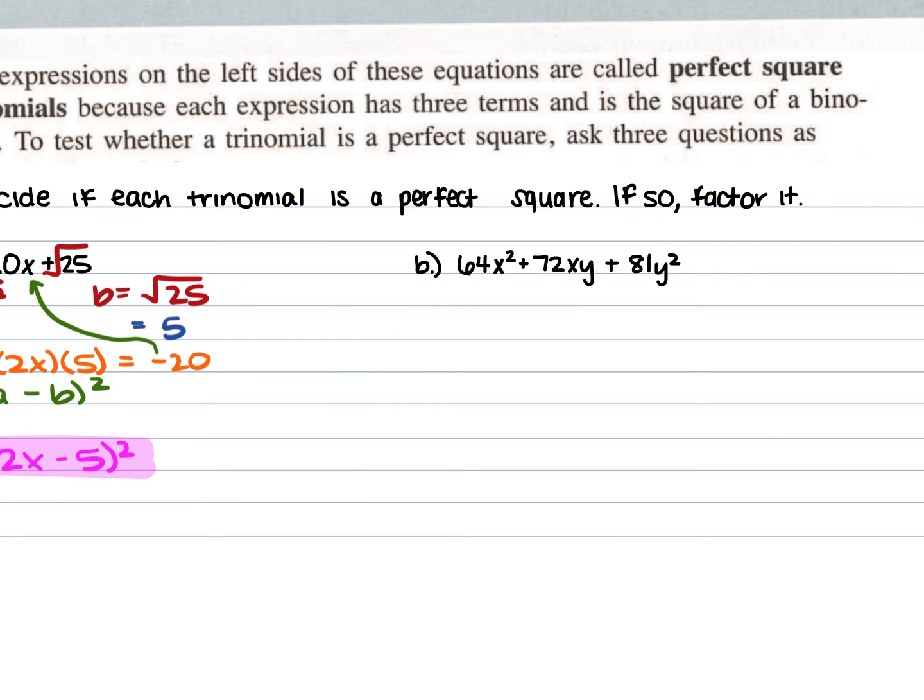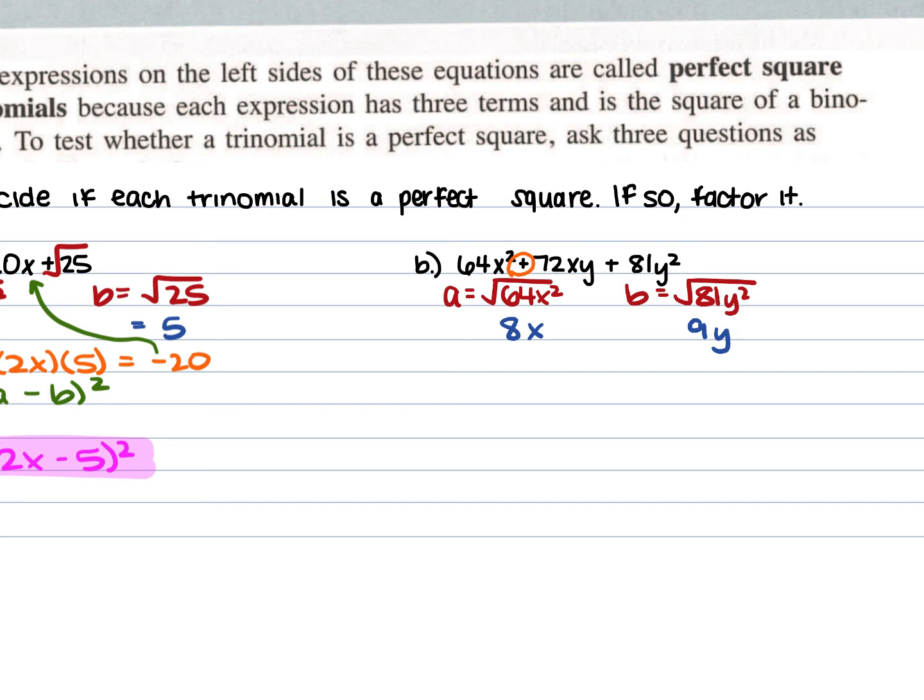For example B, we have 64x squared plus 72xy plus 81y squared. So if we find A by taking the square root of 64x squared and find B by taking the square root of 81y squared, this is going to give us an A of 8x and a B of 9y.